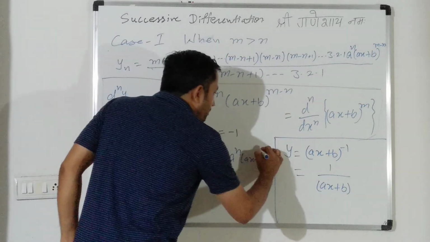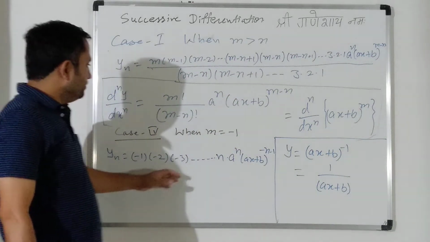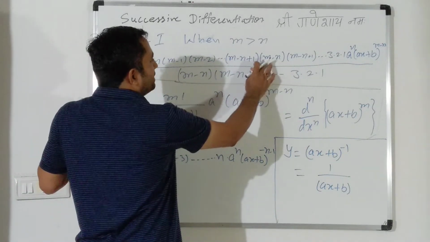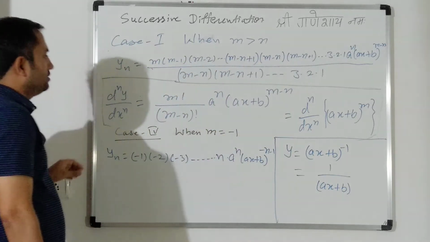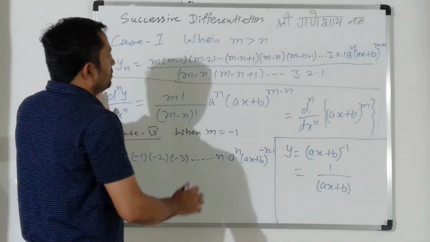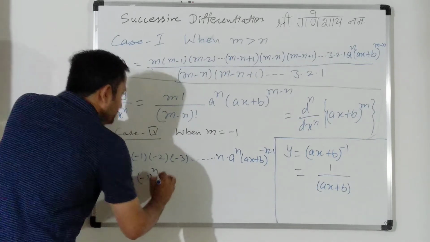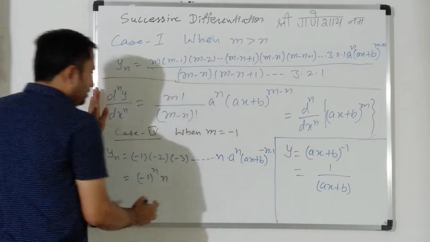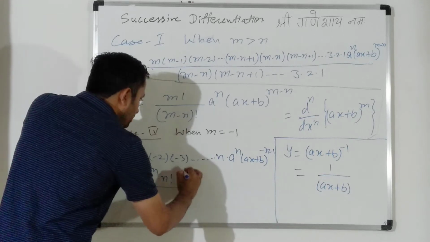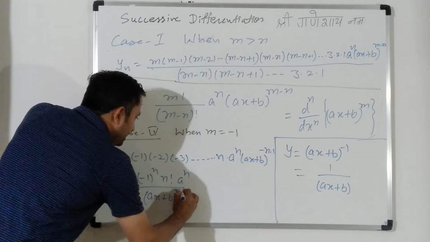So it is minus n minus 1. We have not written it in the denominator here because we are approaching up to this level only. Here minus 1 minus n we require. So this will be minus 1 to the power n, n factorial upon a to the power n, upon ax plus b to the power n plus 1.